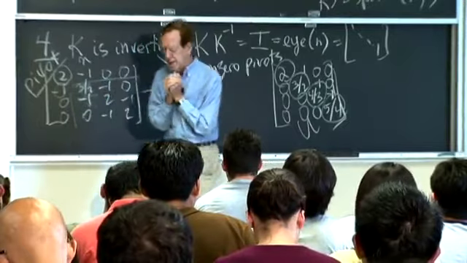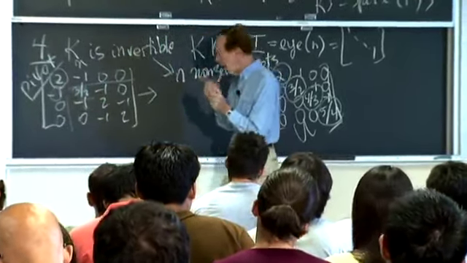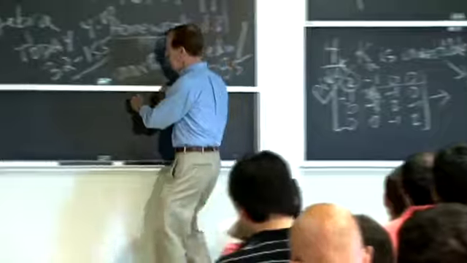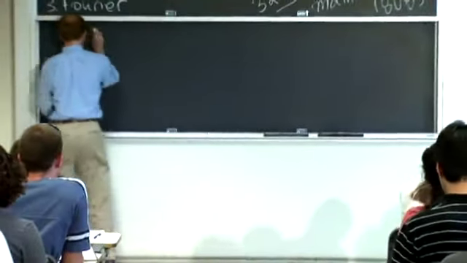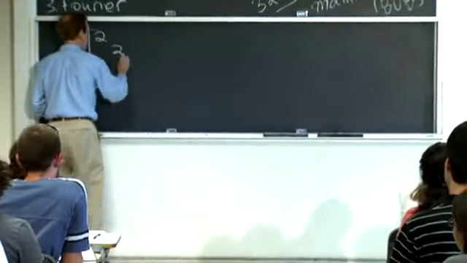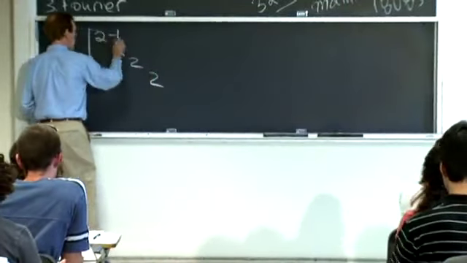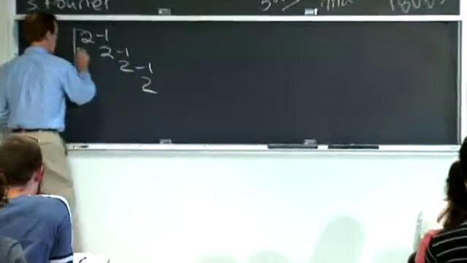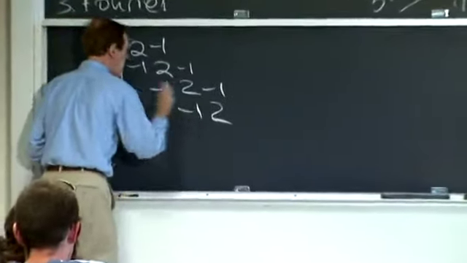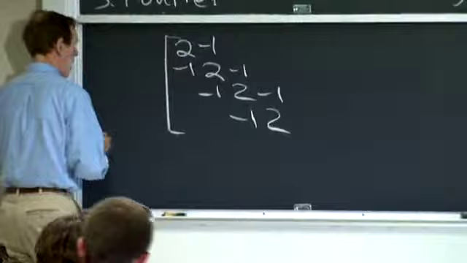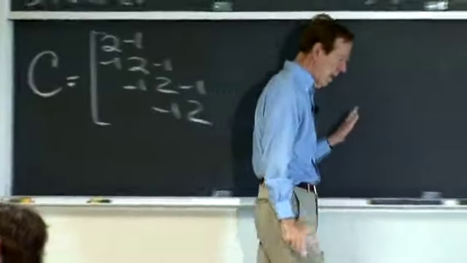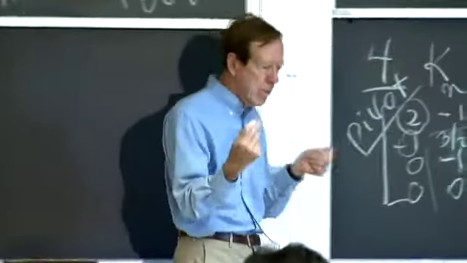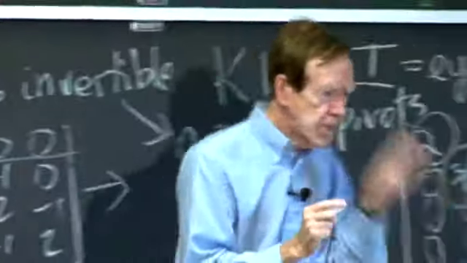Well, of course, many ways. But I'm interested in another matrix, and this will be among my special matrices. And it will start out the same. It'll have these same diagonals. I'm going to call it C. And the reason I'm talking about it now is that it's not going to be invertible.